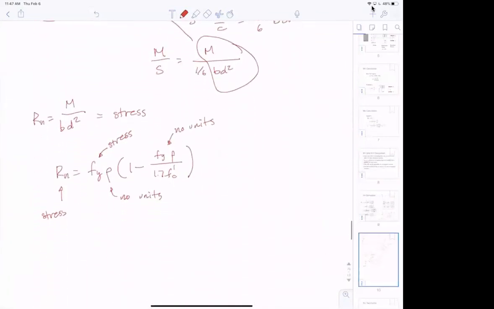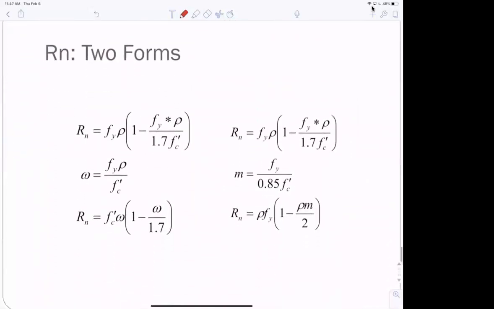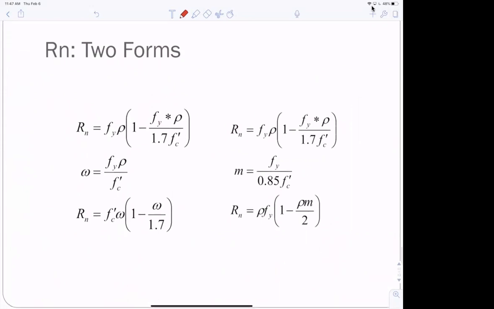Okay, let's continue. There's two forms of this. A convenient thing is this. This is called the mechanical reinforcement ratio, omega. And to help you understand that, let's expand rho. So it's Fy over f'c. Remember rho was As over bd.